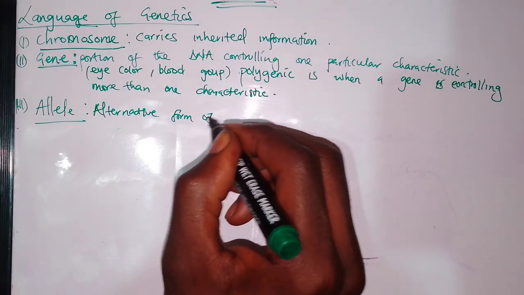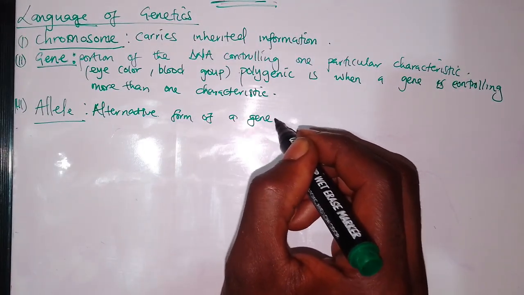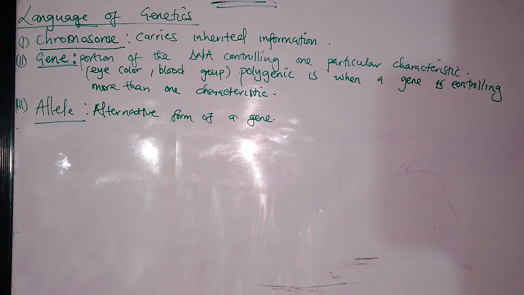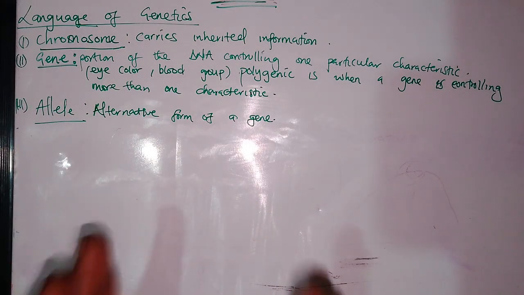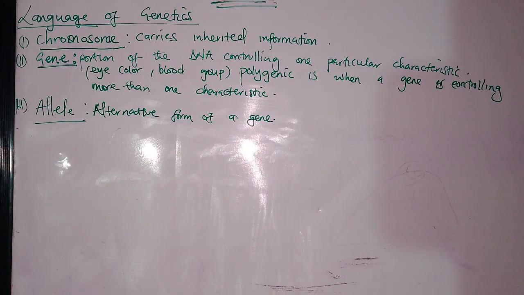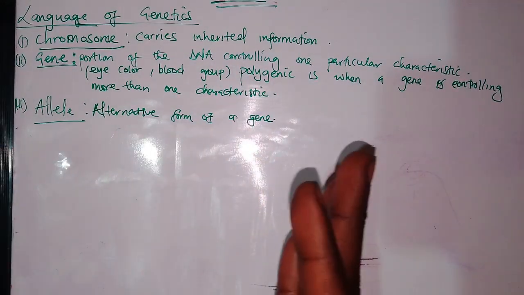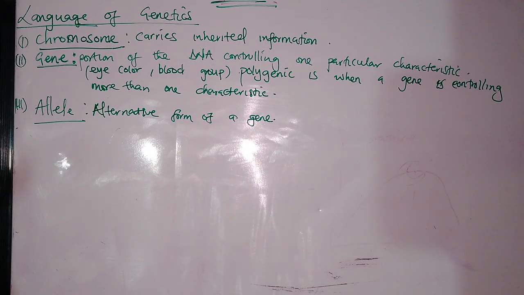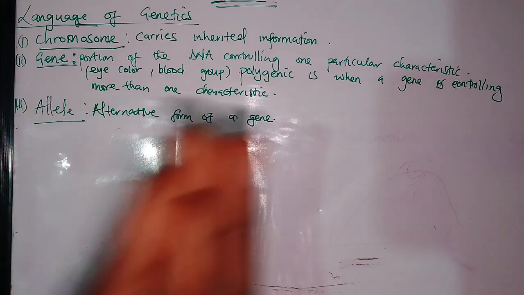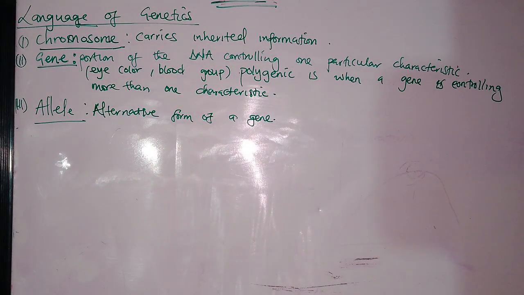This is the other form which represents a gene. But here there is a twist. You will always have 2 or more alleles. Why? Because you have 2 parents. So alleles are a contribution from both parents. You can get 1 allele from your mother, 1 allele from your father.